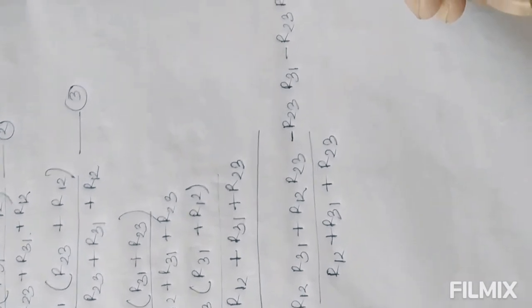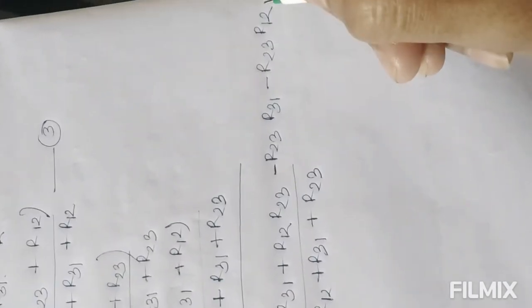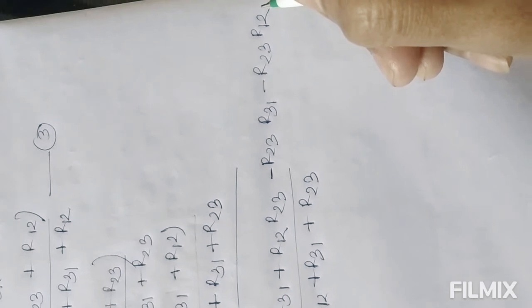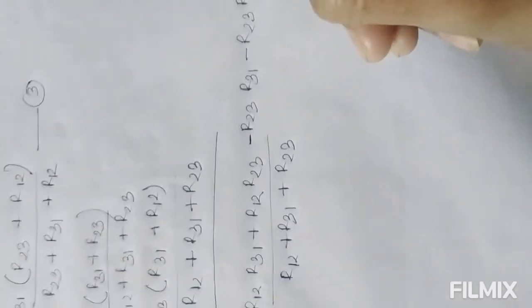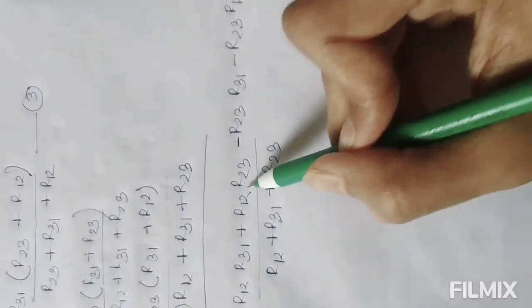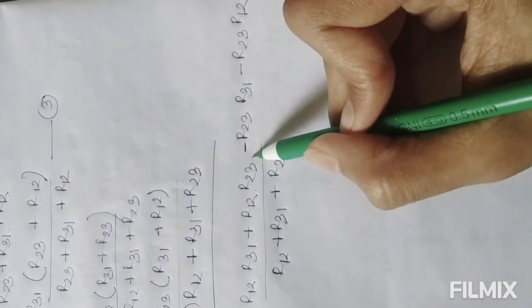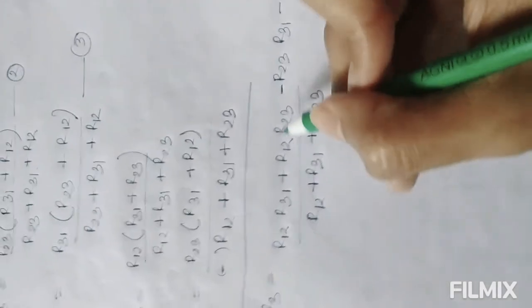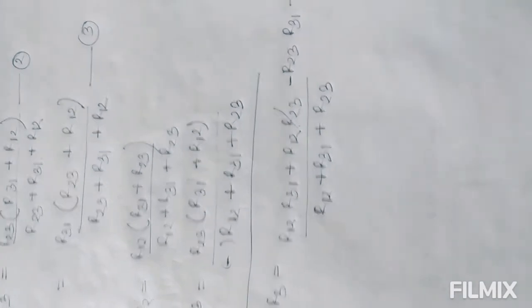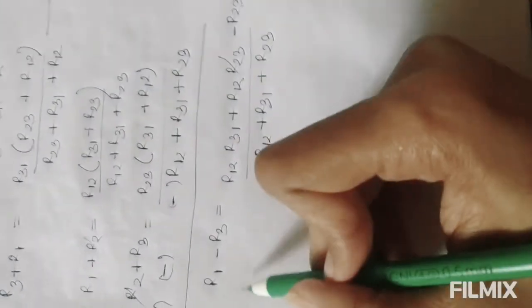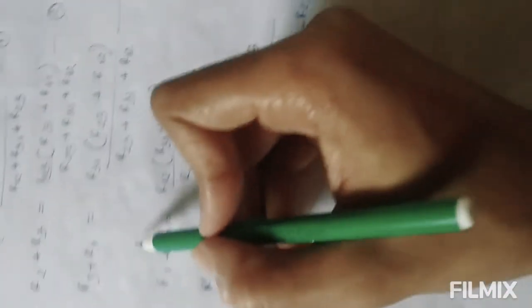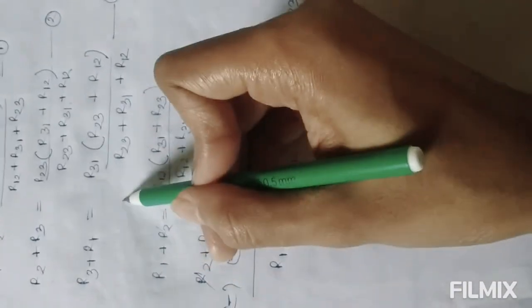Then what can we do? We look at R12 R23 and R23 R12. This cancels out from this. Now we have R1 minus R3, and from equation number 3, R3 plus R1, we add this.